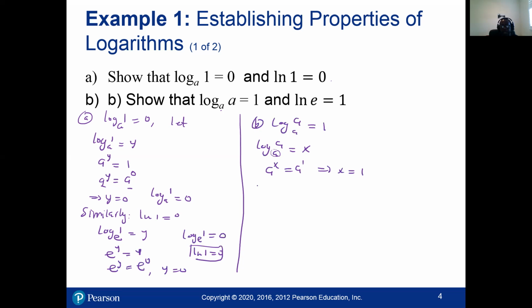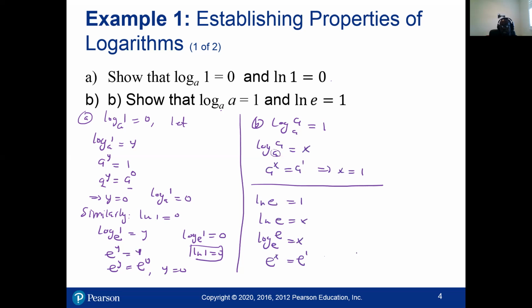Okay, similarly, if you have the natural log of e, we want to show that it is equal to 1. We do the same thing. The natural log of e equals x, and the natural log is the same as log to the base e, so log e base e is equal to x. Then we write this as e to the x is equal to e, and of course e is e to the 1.